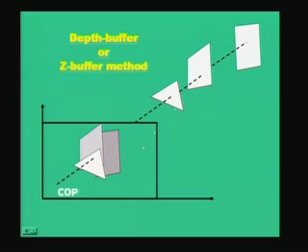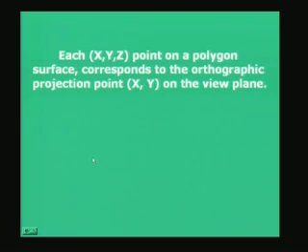You can put a line anywhere passing through any of these polygons, maybe only 1 or 2 or 3, and you will find that the ray which passes through a point XYZ on a polygon also intersects the projection plane at a point XY. So, that is what this sentence means: each XYZ point on a polygon surface corresponds to the orthographic projection point XY on the view plane.